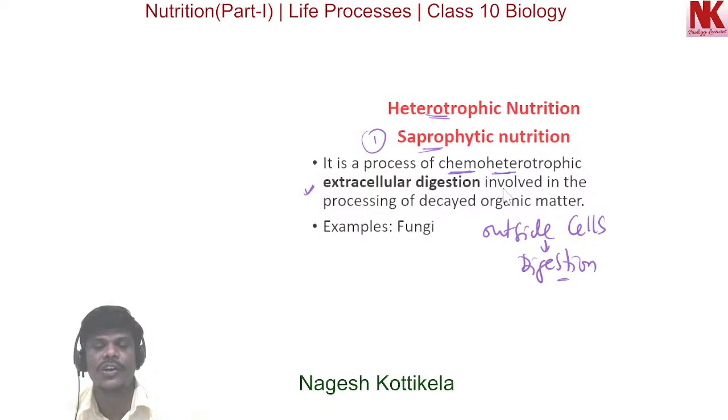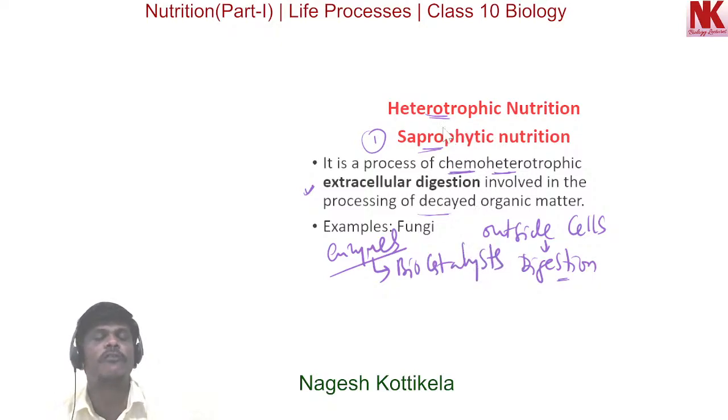It is a process of chemoheterotrophic extracellular digestion involved in the processing of decayed organic matter. In the decaying organic matter, the complex nutrients are broken down into simpler ones by enzymes. I already used this word in the earlier slides: these are biocatalysts.